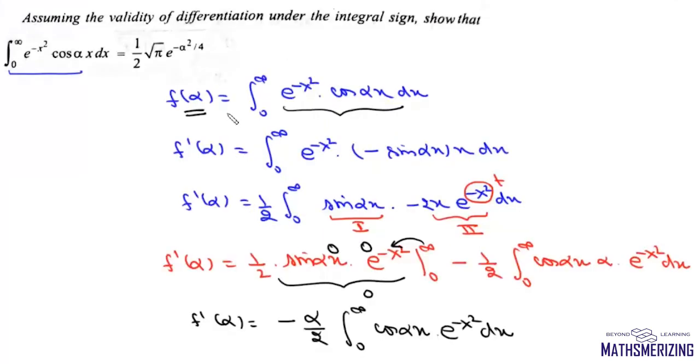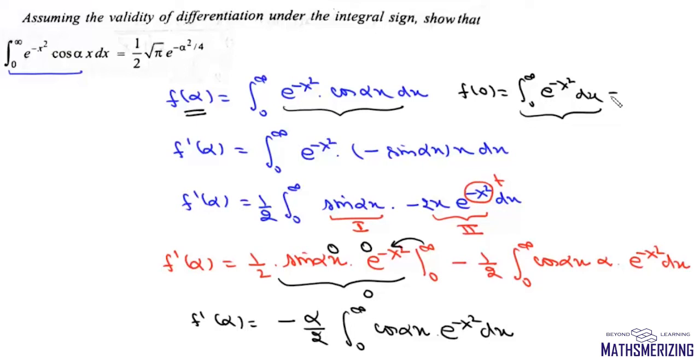If for this function we put alpha as 0, we'll get f(0), and it'll be this integral from 0 to infinite e to the power minus x square, and then cos 0 will be 1, into dx. Now this integral is nothing but the half Gaussian integral, and we have discussed this Gaussian integral in one of the previous videos. So here I'll use the result and I'll put the link to that video in the description below.